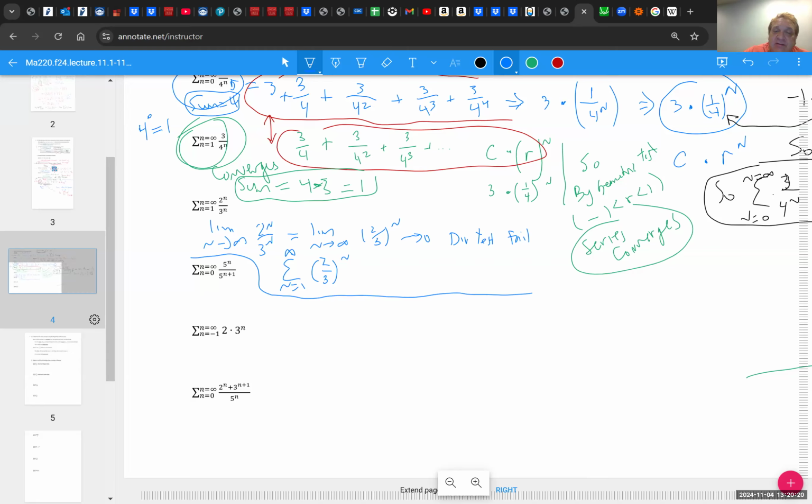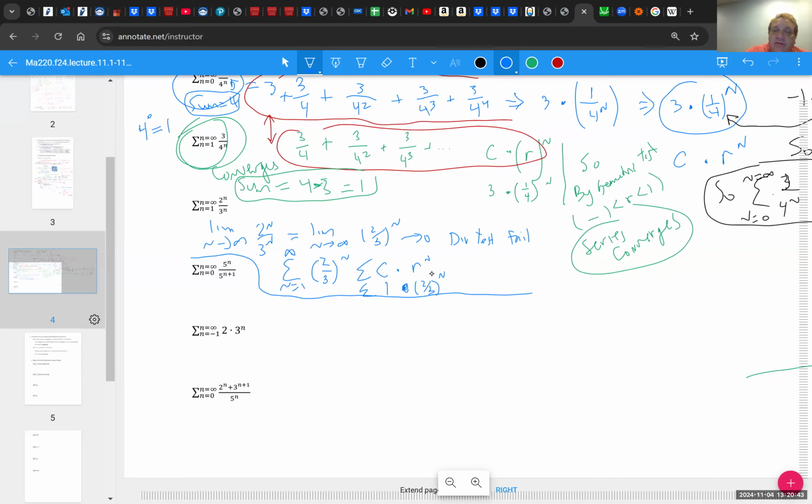And this is c times r to the n, where there's no c number. In other words, the c number is 1. And the r, the constant being raised to an exponent, is 2/3.